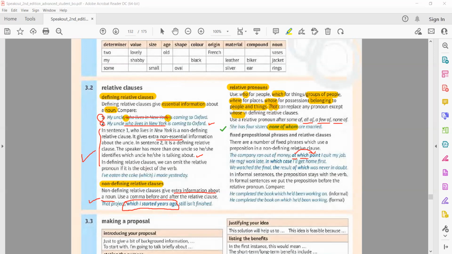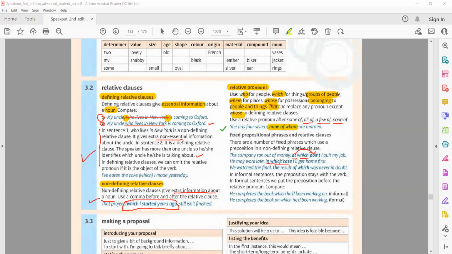They're telling us this is another example of how we use fixed prepositions with relative clauses. You can see another example. He may work late, in which case, like in a specific case, I will get home first. So here maybe the wife is talking, he may work late.